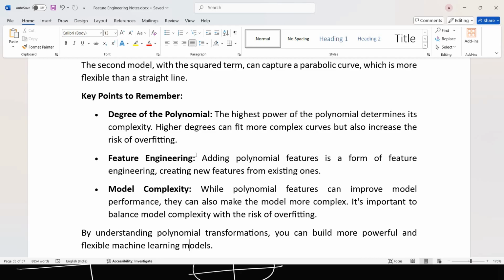So from the existing feature x, you are creating x square, right? So having the existing feature and creating a new feature which contains the square of the original feature will increase the number of features in your data set.